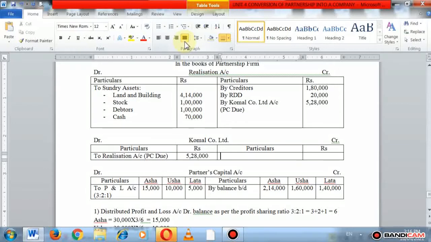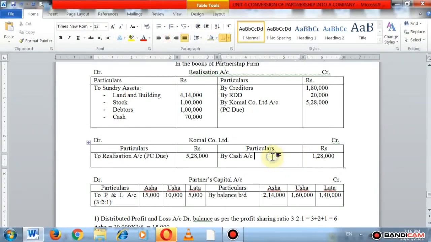Now tell me, we have opened the Komal Company Limited account. So we posted this entry on the credit side of Komal Company Limited, that is by cash account amounted rupees 1,28,000.